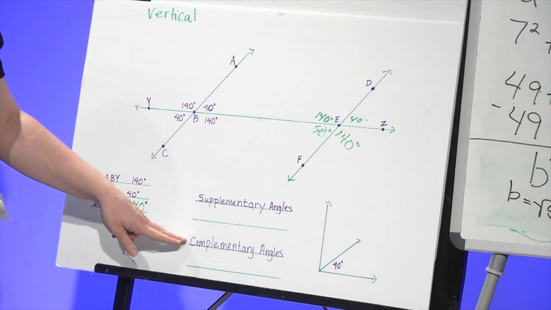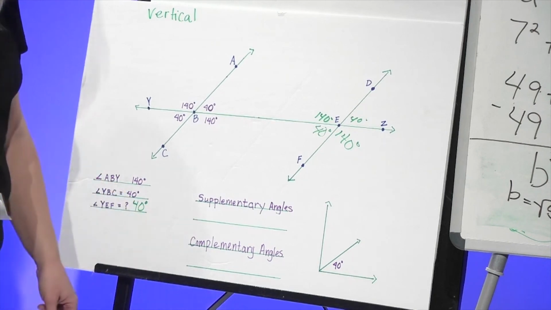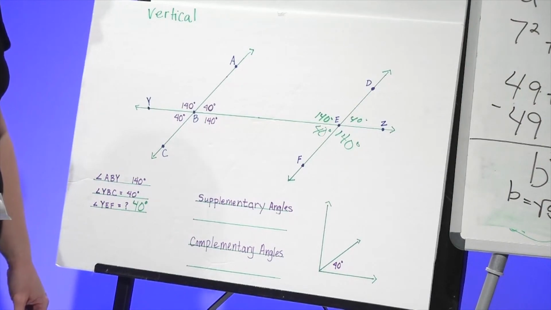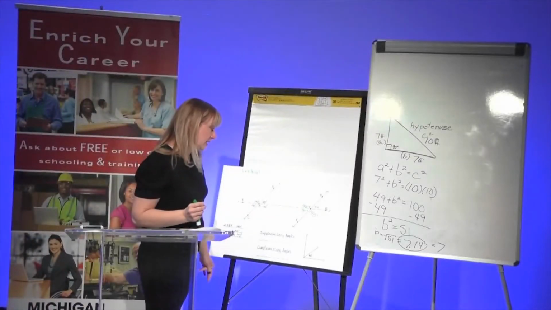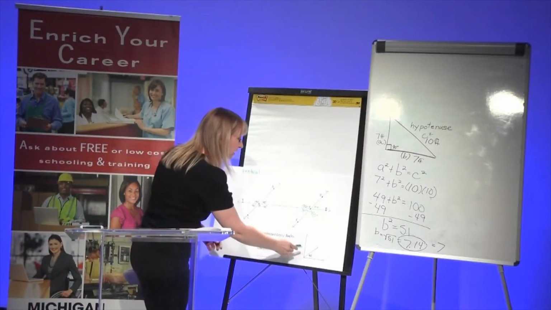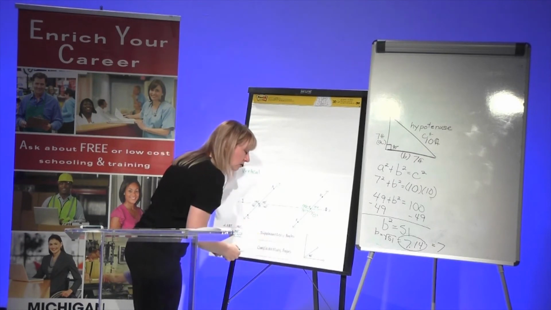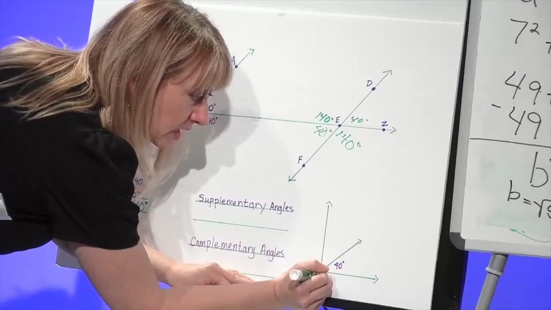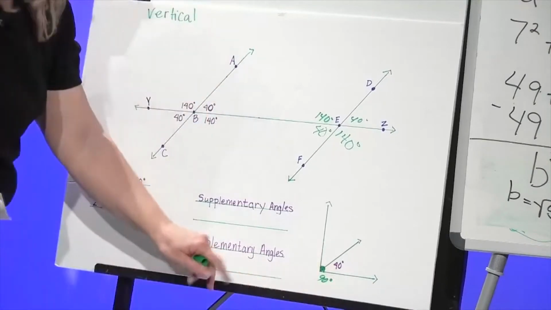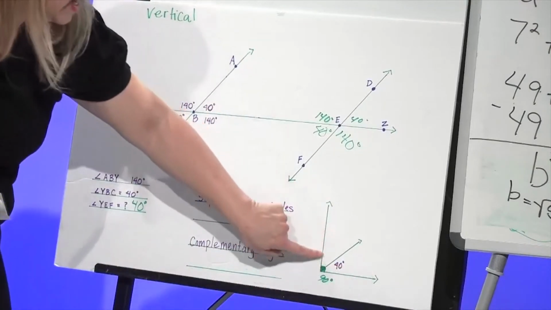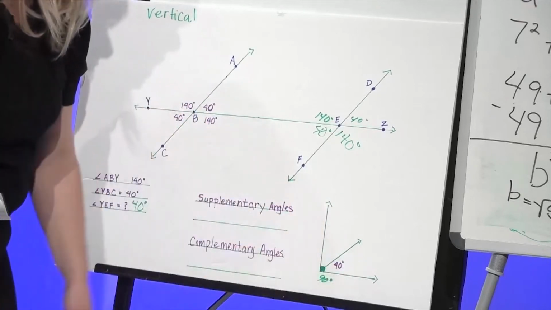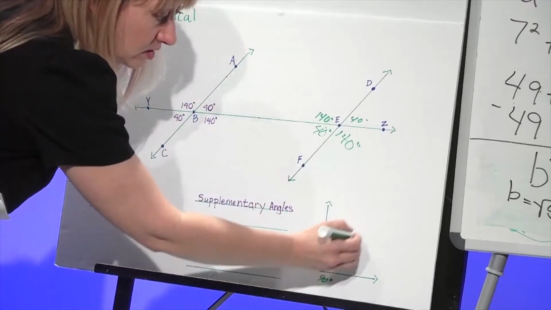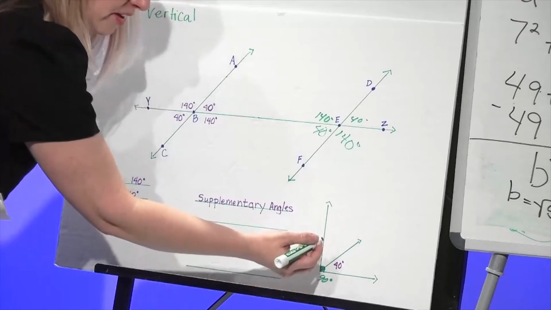The next one we're going to talk about is complementary angles. Again, complementary is when two angles add up to 90 degrees. So here we have a right triangle, and remember, a right angle is 90 degrees. So this whole thing is 90 degrees. But here I've drawn a line to form another angle.